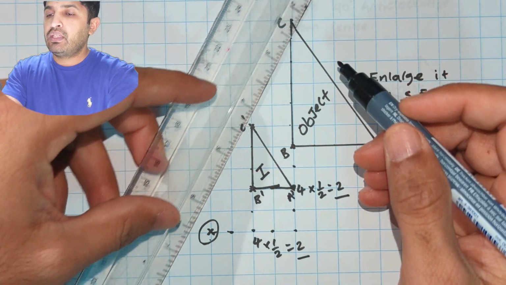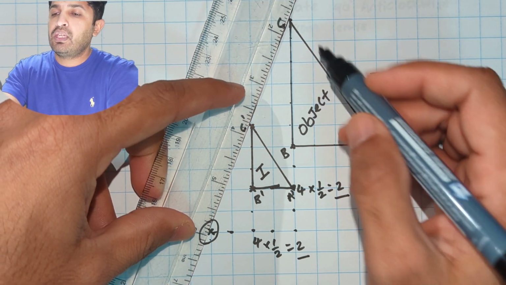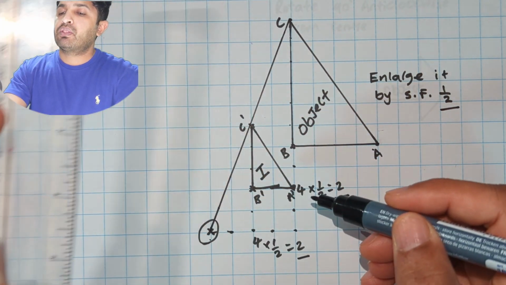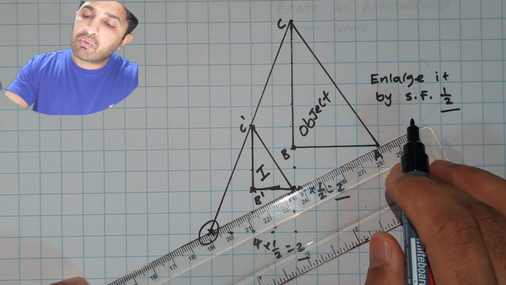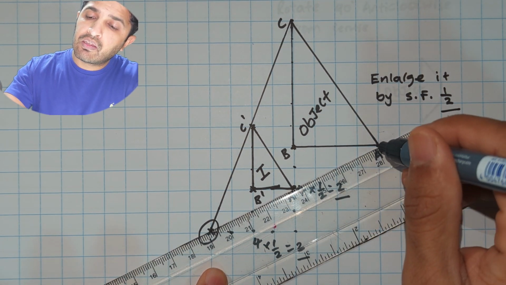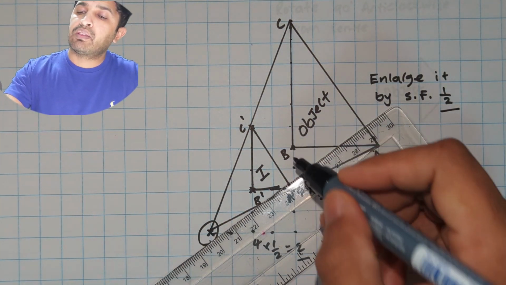If you draw the line of enlargement, so from the center to C prime, they're going to be in the same straight line. Center to A prime, they are going to be in the same straight line. And these are called lines of enlargement.